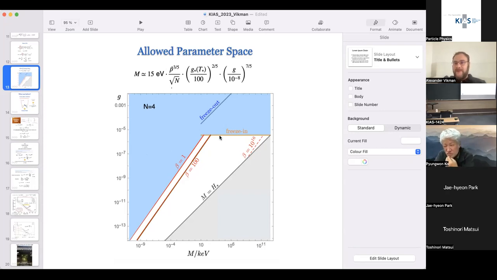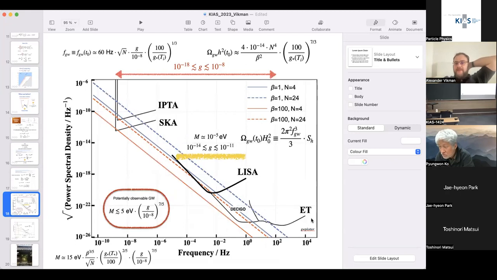So if you want to keep this mechanism as the dominant one, of course, you need to go a bit down, if you want to use these estimations, because otherwise freeze-in will be dominant. So we would not be able to go much to the right in this plot. Beyond 10⁻⁷, you need to do a completely different analysis.